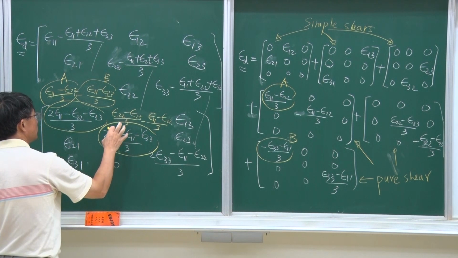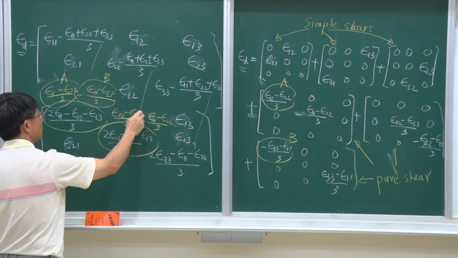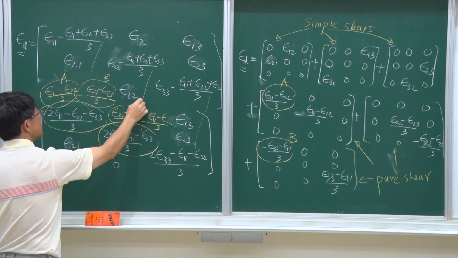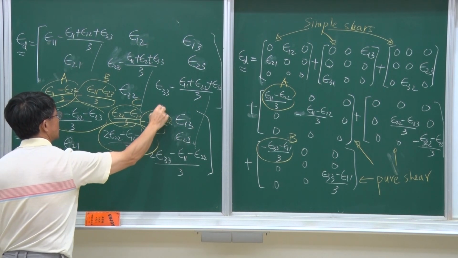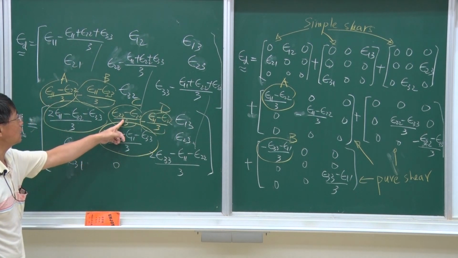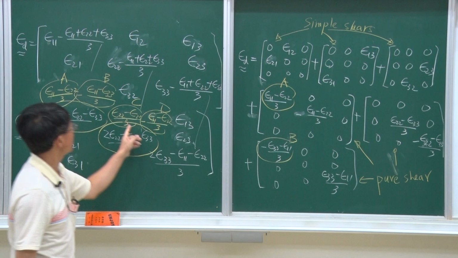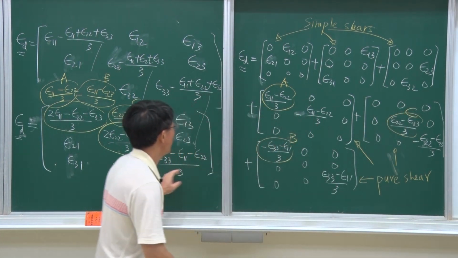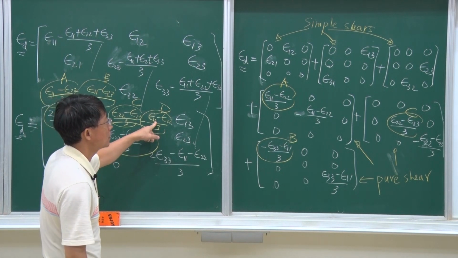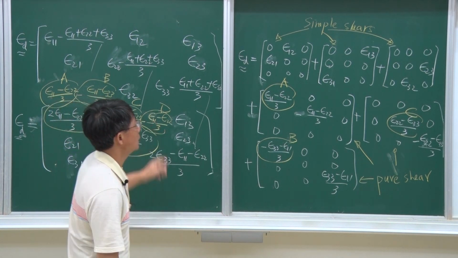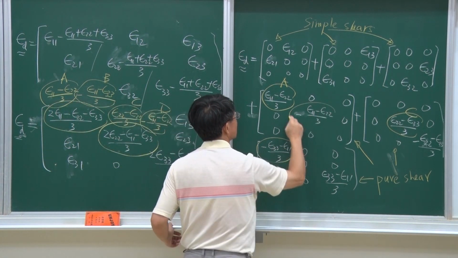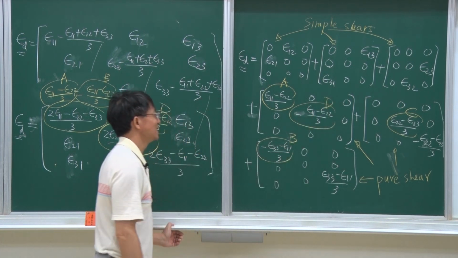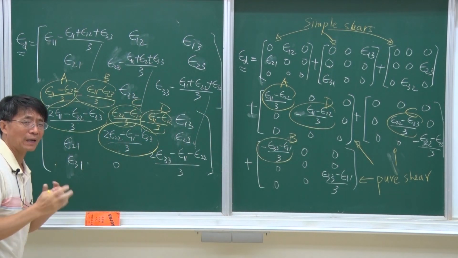So we decompose this term into this term and this term and put it as A, B, C, and this as D. Where I put it, C goes to here. And where is D? D goes to here. I just do it term by term.